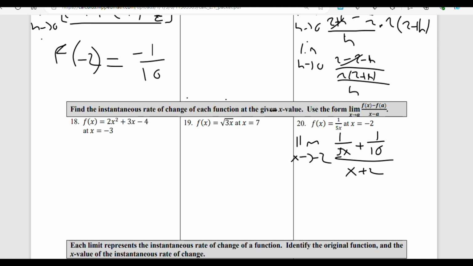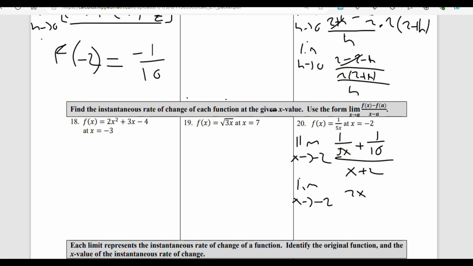Anywho, what we do here is we're going to find the LCD. LCD of 5x and 10 is just simply going to be 10x. So to get from 5x to 10x, you are going to multiply by 2x.